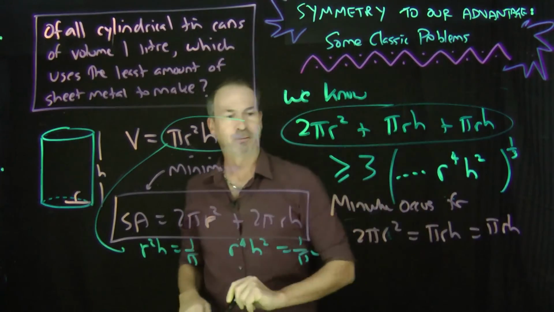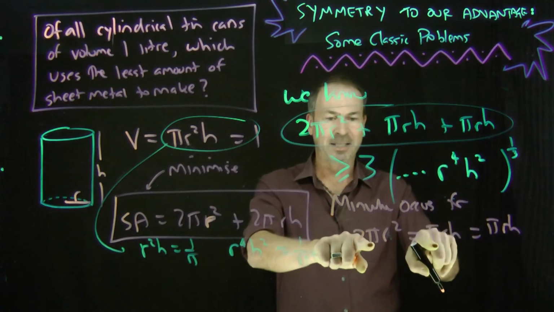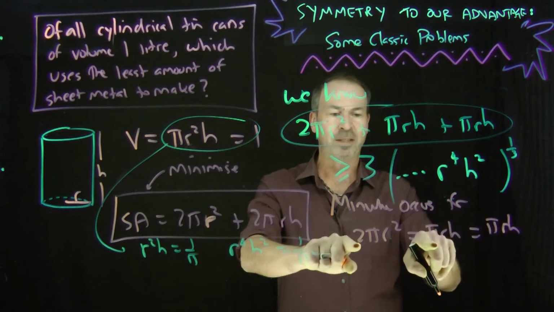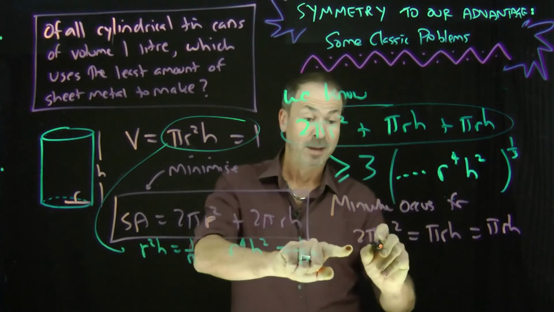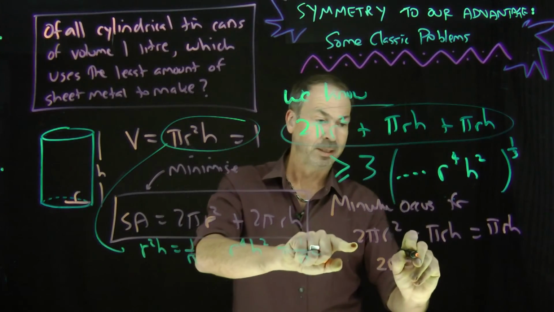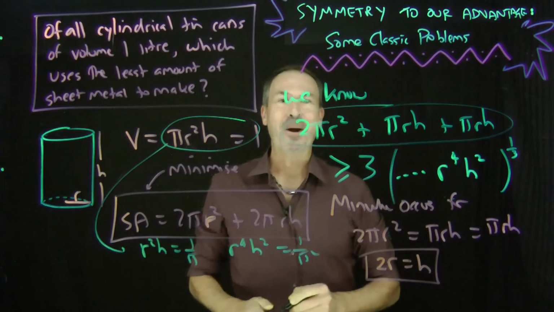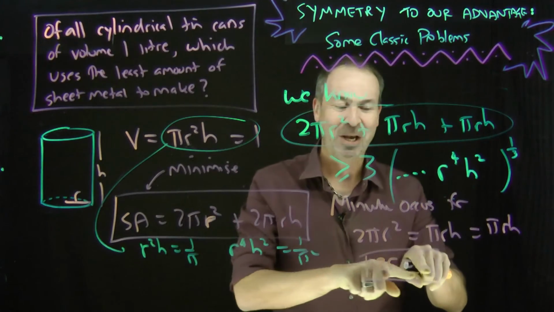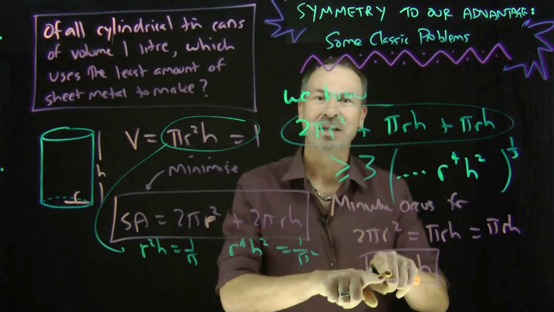All right, the last part's a bit redundant. So I need 2 pi r squared to equal pi rh. Let's divide both sides by pi, both sides by r. So I get that 2r equals h. I know the minimum occurs when the height of the can is twice the radius.